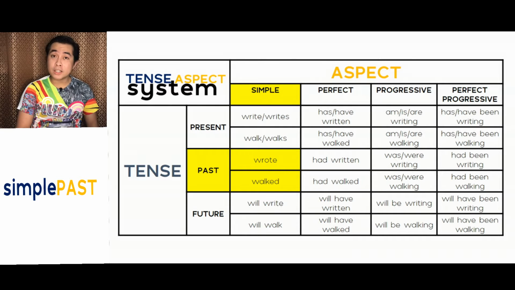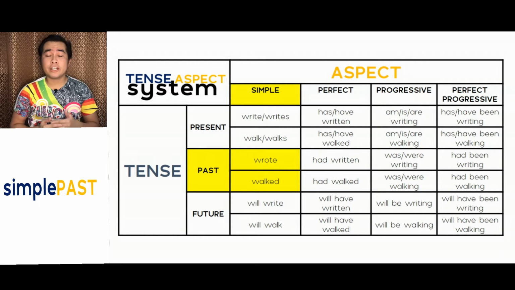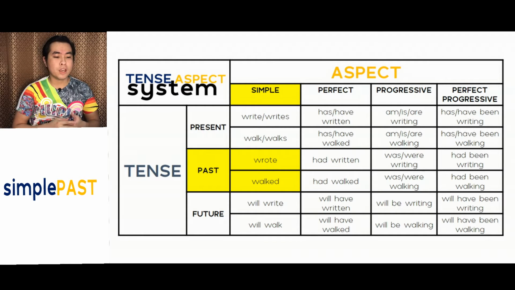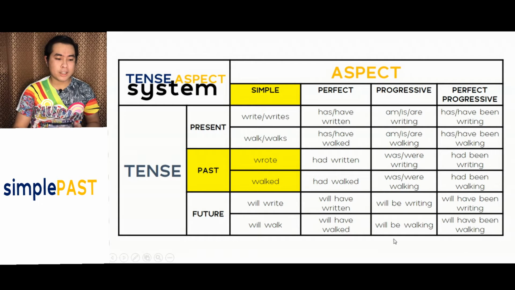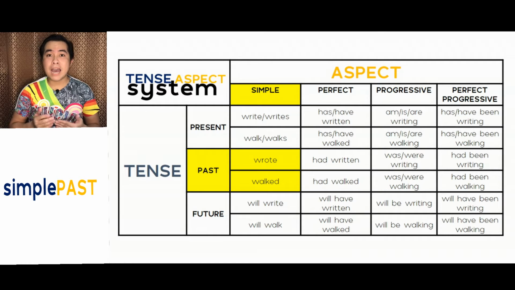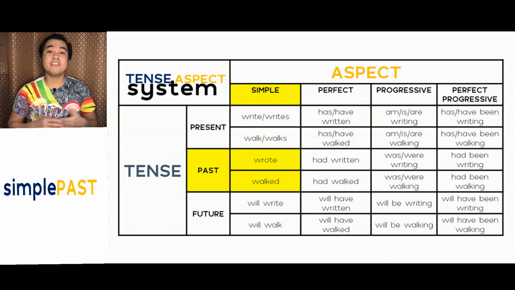Remember, in the simple past, just review when we talk about regular and irregular verbs. For irregular verbs, we have to note, just like this example, wrote, we write the past form of irregular verbs in different ways.